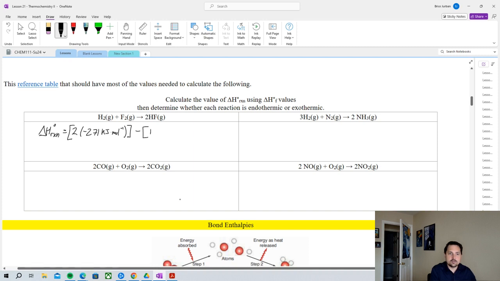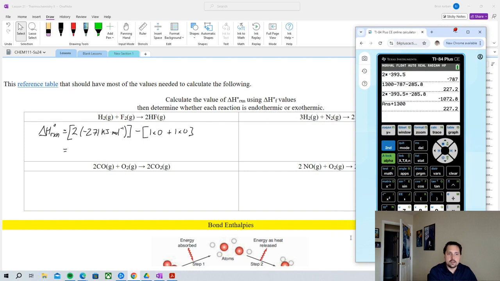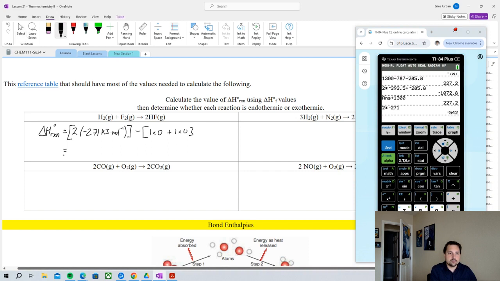Both of them are 0 because they're in their standard states. So here we're essentially just finding twice the enthalpy of formation of HF. That one we really don't need to make use of this equation because it should be pretty obvious from looking at it. Okay, so this would be just negative 542.